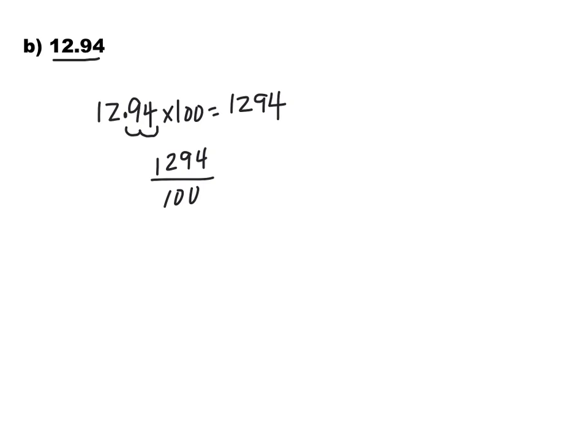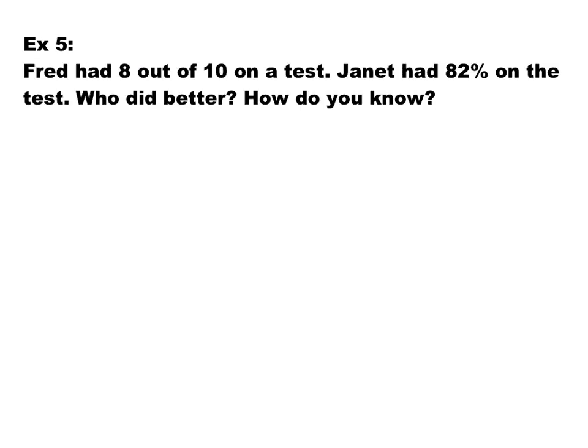And since the denominator is 100, this is the same as 1294%. Remember, percent is division by 100, which is going to be 1294 over 100, which is the fraction form. And if you use your calculator and divide 1294 by 100, you get 12.94.